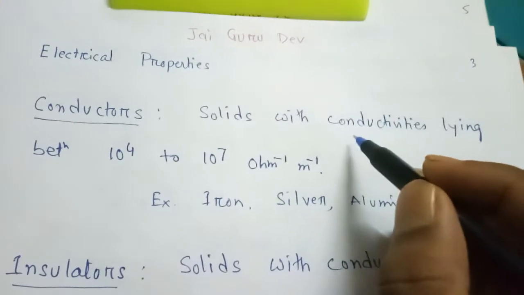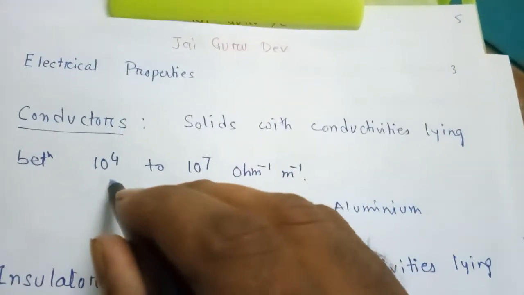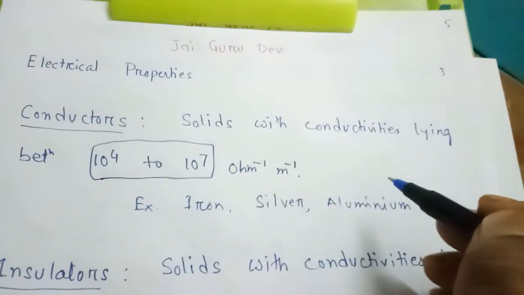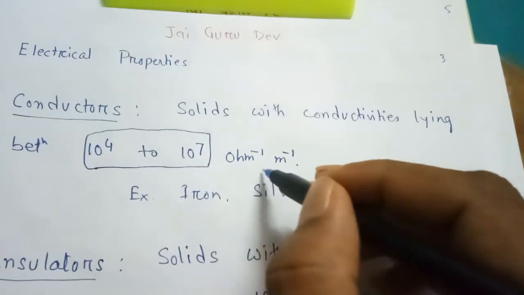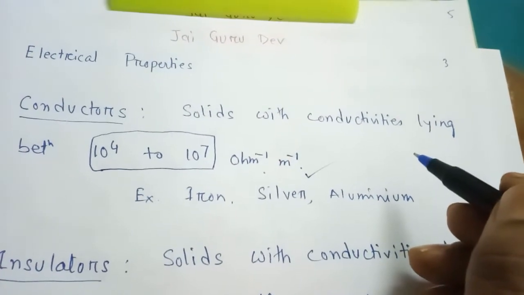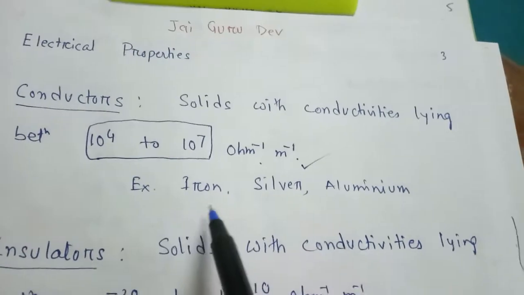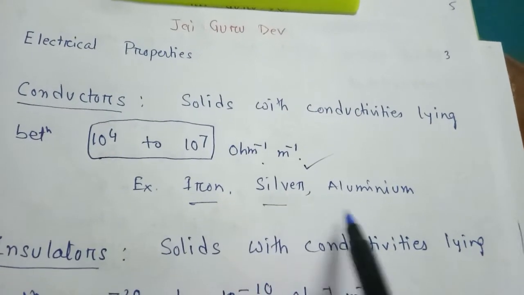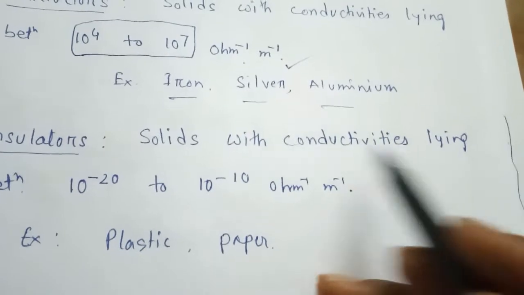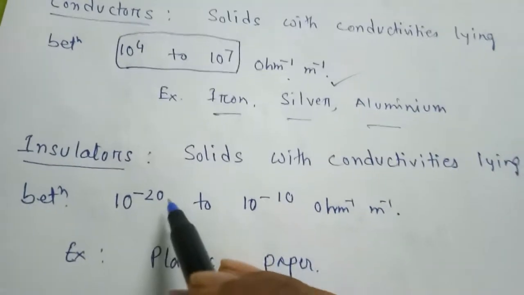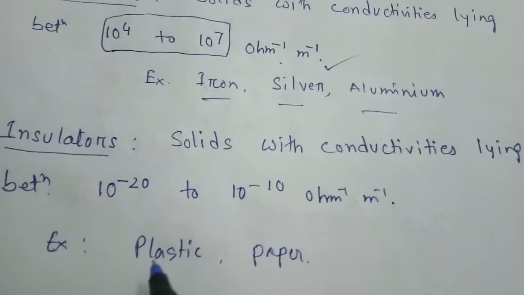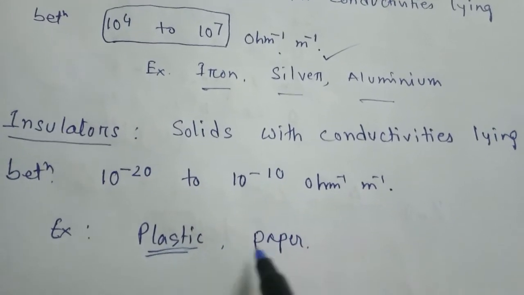Conductors are solids whose conductivity lies between 10⁴ to 10⁷ ohm⁻¹ m⁻¹. Examples are iron, silver, aluminum. Now insulators are solids with conductivities lying between 10⁻²⁰ to 10⁻¹⁰ ohm⁻¹ m⁻¹.